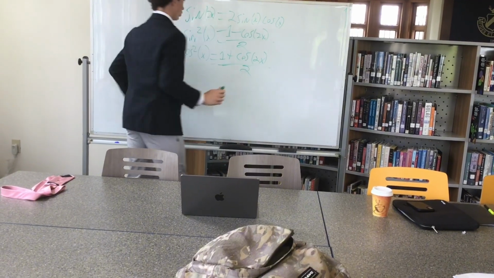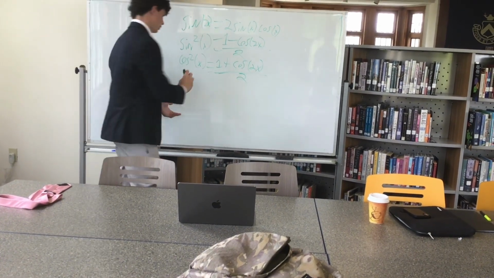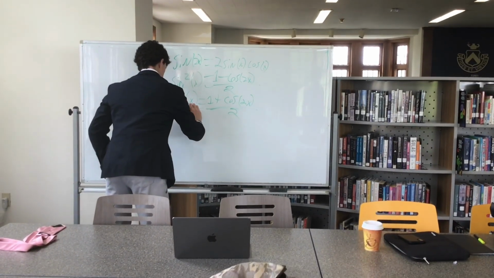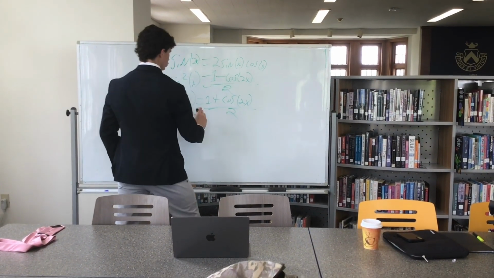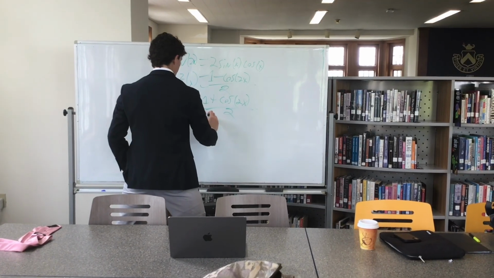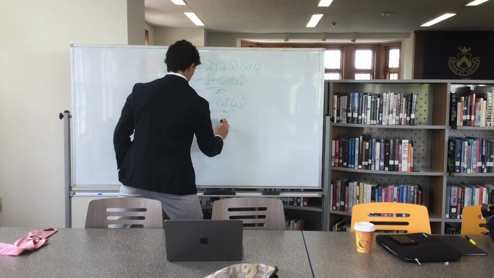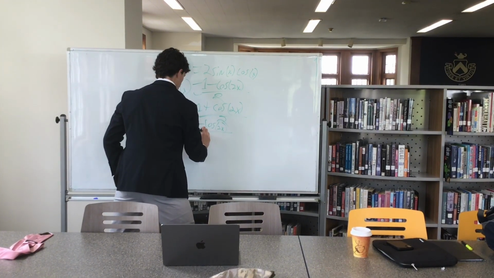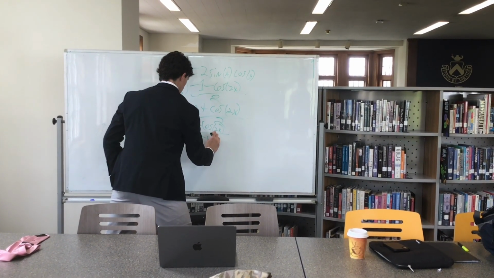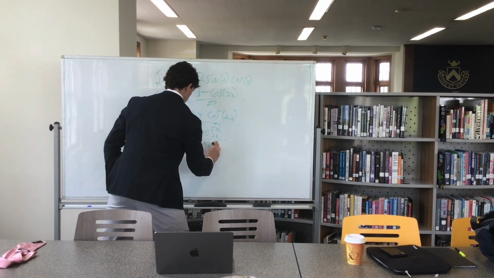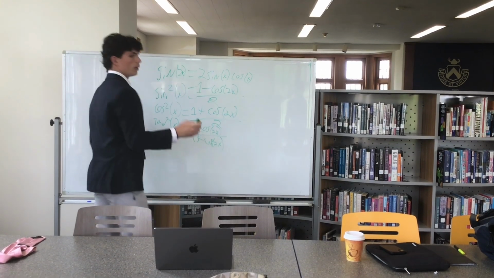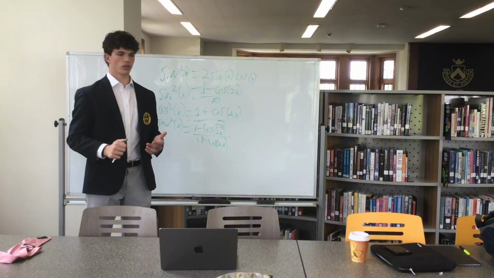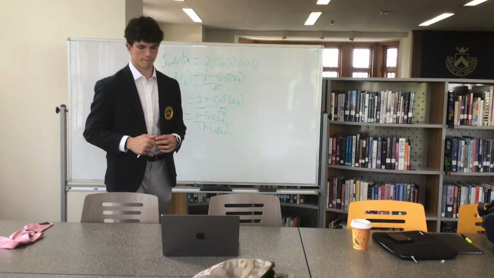So, this also teaches us that tangent squared x equals 1 minus cosine of 2x over 1 plus cosine of 2x. So, this is all the formulas that you need for all of your equations that you were struggling with. Let's get that grade up.